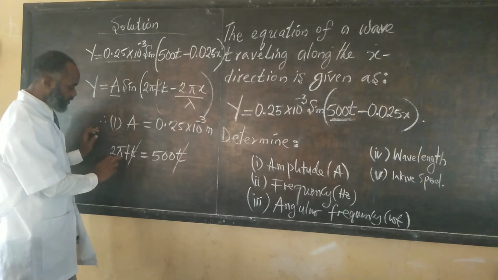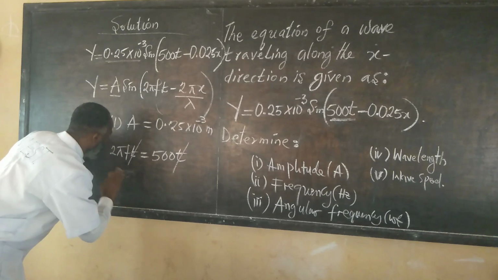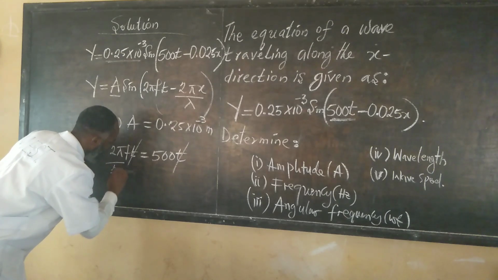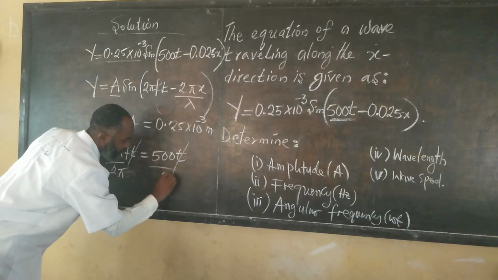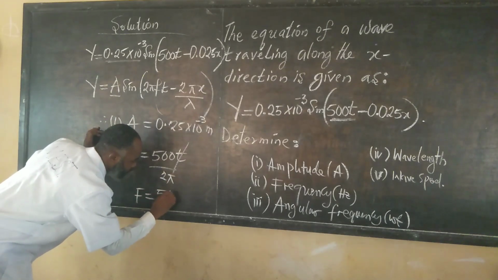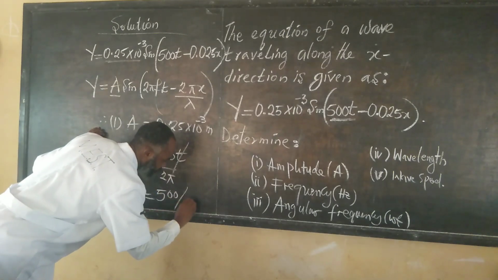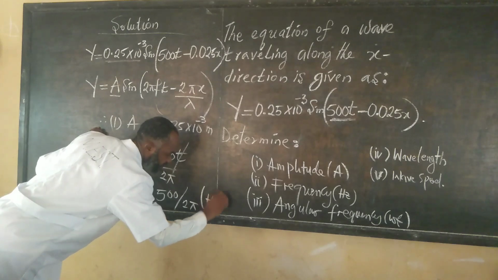So we make f the subject, dividing through by 2 pi. Then frequency f is now 500 all over 2 pi.